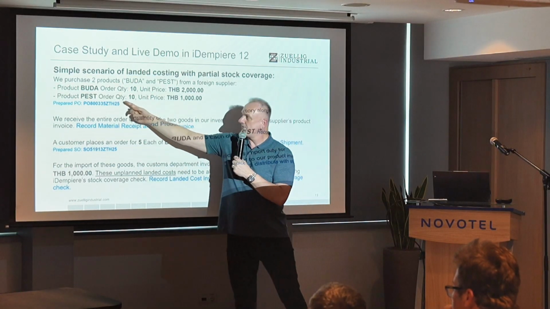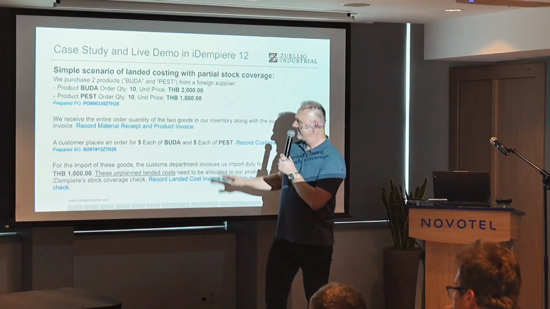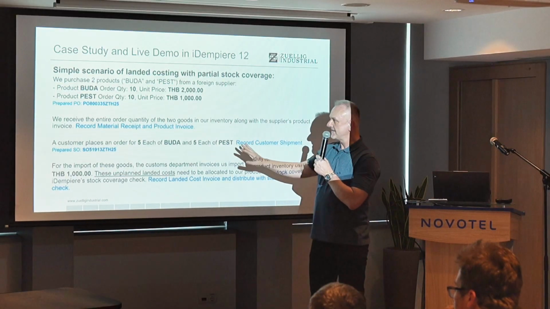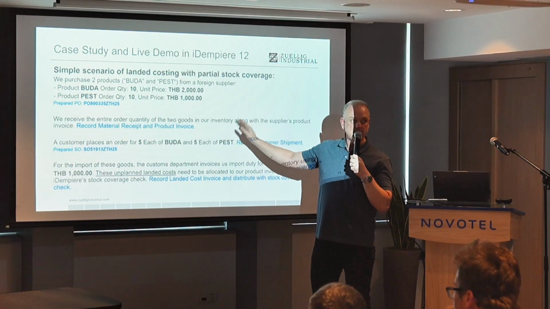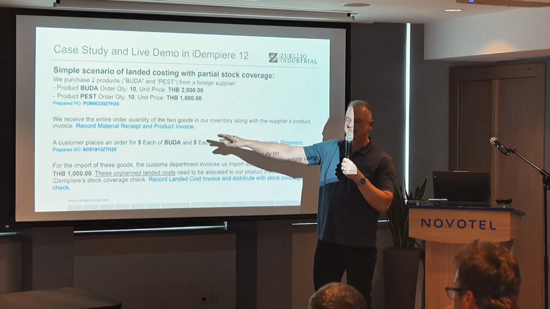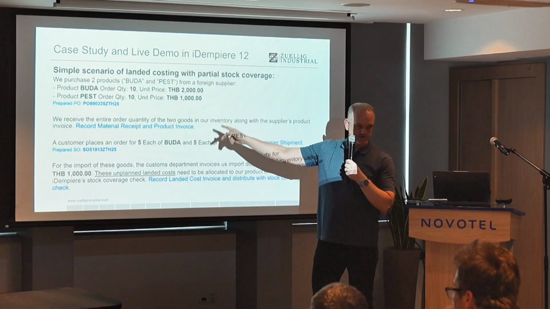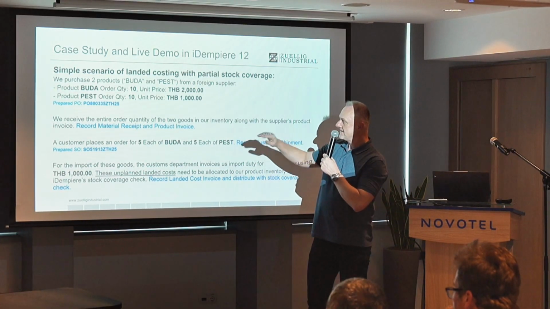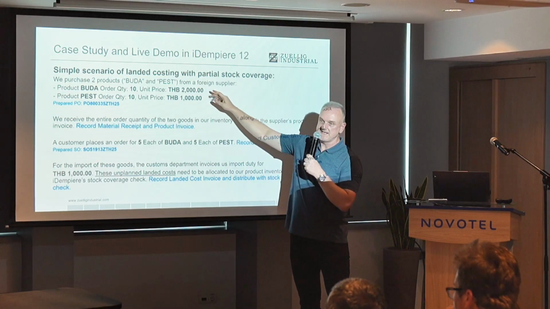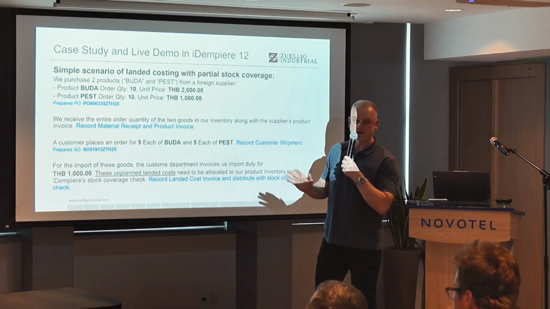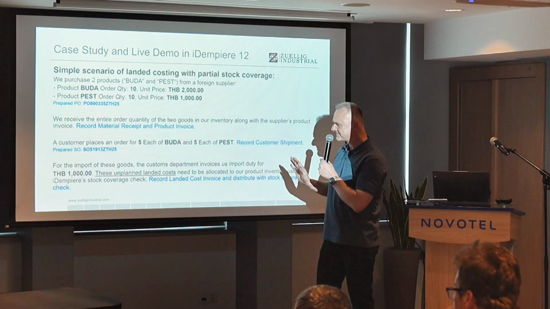That PO is already prepared in the system, and what I want to show you here is we receive the goods in inventory, so I do an MR, then I do a product invoice from the supplier, and the product invoice will have exactly these amounts, so I don't have any invoice price variations in this case here.